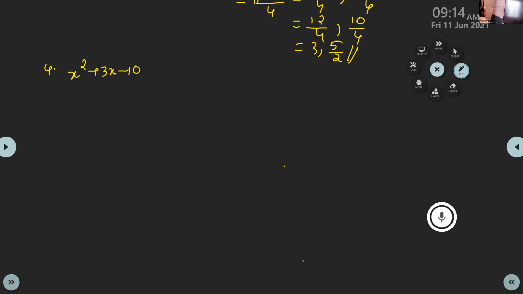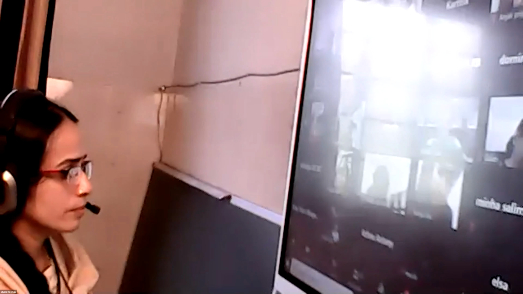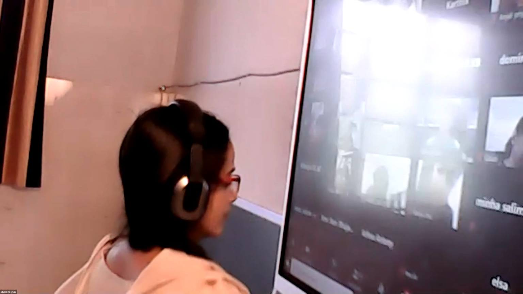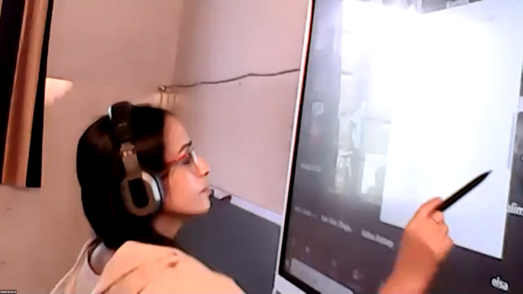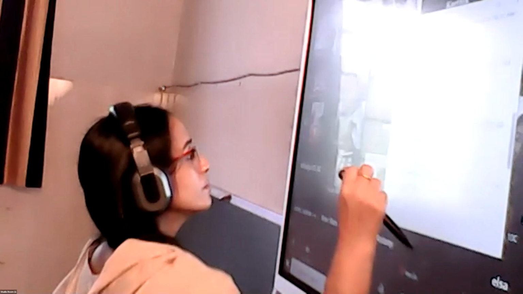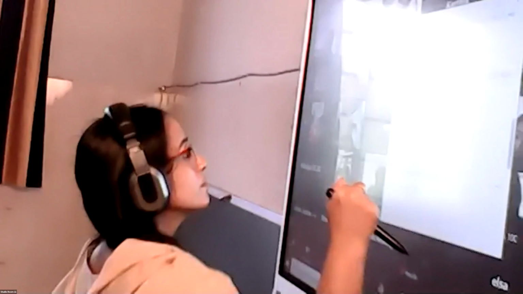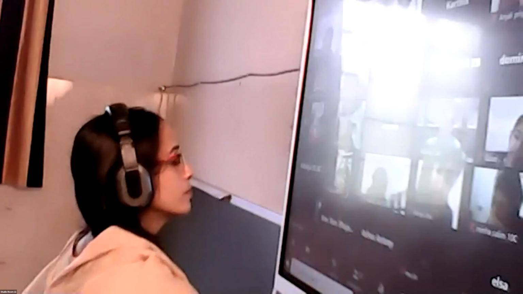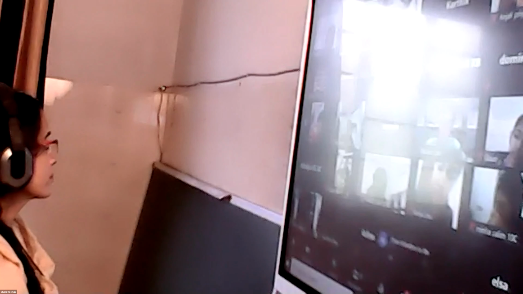Find b square minus 4ac. Correct, Kshetra, correct.